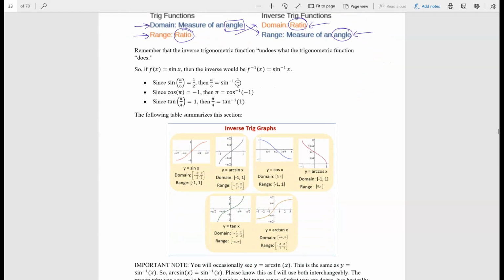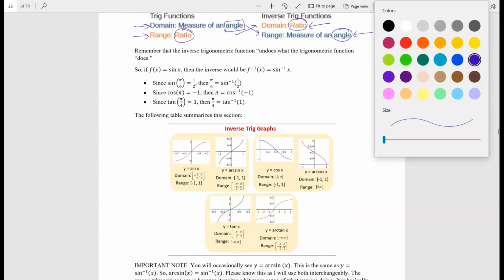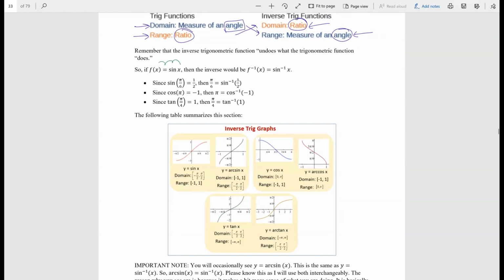If I write sine of x as the function f of x, remember f of x is just a fancy word for y. A function is a function if it passes the vertical line test. If you have a graph that looks like this, I know it is going to be a function if it passes the vertical line test, which says that a vertical line can only go through one particular point.